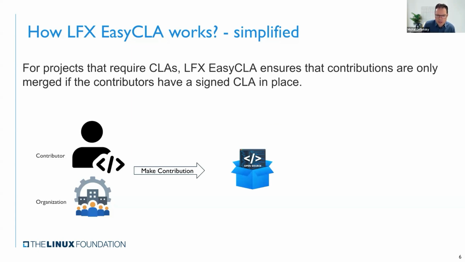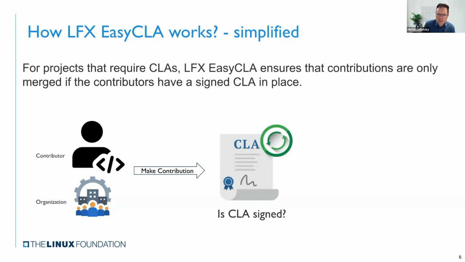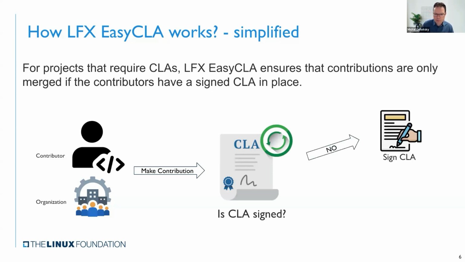Okay, so now, is the CLA signed? We cannot contribute until the CLA is signed, if the project manager configures the CLA for the project. Now there are two simple scenarios. If the CLA is not signed, we need to go ahead and sign the CLA. And there is a different flow for a corporate CLA, as I described, or an individual one. We'll show you that in a moment.